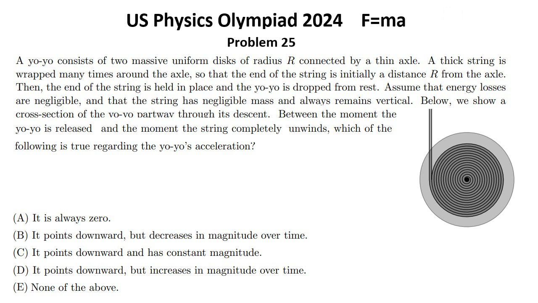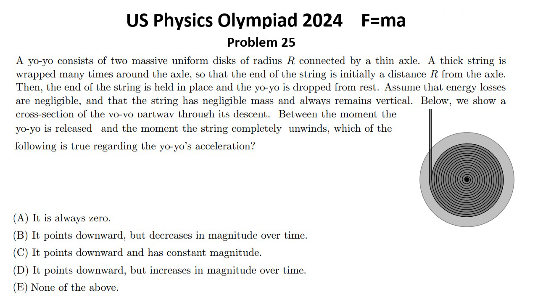Answer B. It points downward, but decreases in magnitude over time. Answer C. It points downward and has constant magnitude. Answer D. It points downward, but increases in magnitude over time. Answer E. None of the above.